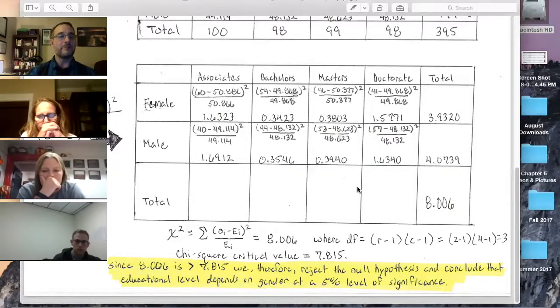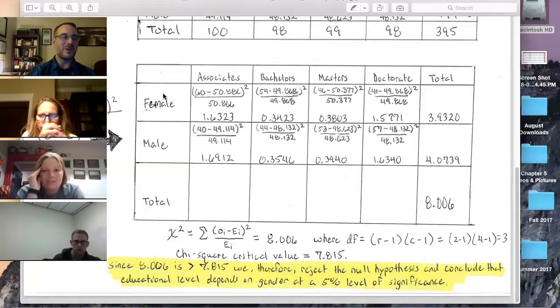So that 8.006, what do we do with that? Well, again, we're going to compare that with some sort of chi-square critical value. In this case, because this is a little bit more complex of a study, we have 2 different groups and 4 different categories. So it's a 2 by 4. Essentially our degrees of freedom, and just trust that this is right. How many rows do we have?